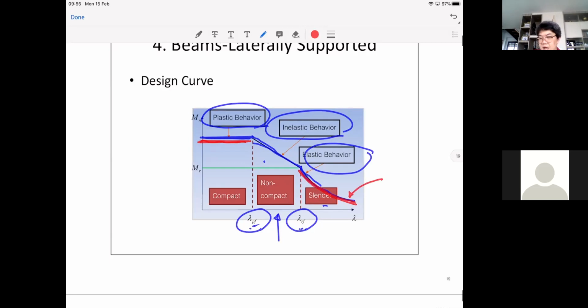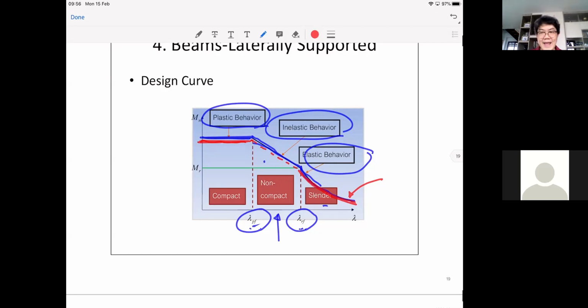This is also real. However, the one in the middle, the inelastic behavior, is not very clear-cut behavior. In fact, this is just the line connecting the plastic behavior and the elastic behavior. Okay, but it's there because before the plate becomes truly elastic, there's some room between plastic and elastic.